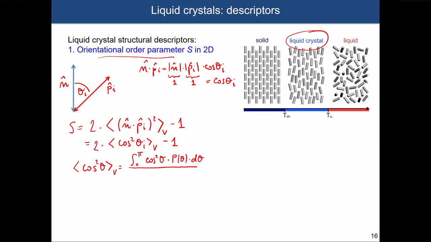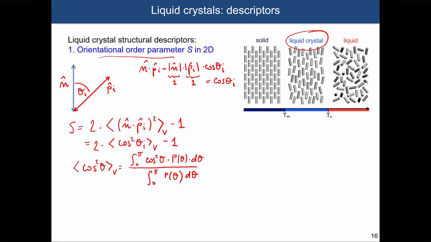That is integrated over all of the angles theta, and theta can go from 0 to pi. Then I'm normalizing this over the integral from 0 to pi of the probability that you will find a certain orientation, integrated over the angle. So this is just a simple definition of how I can calculate the average value of this equation here.